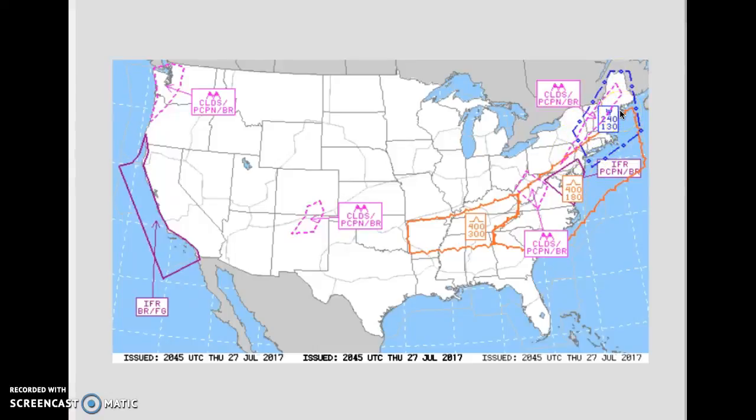Also, we do have moderate turbulence here Arkansas, Tennessee, from 30,000 to 40,000 MSL, and Georgia to Virginia, we have 18,000 to 40,000 MSL.